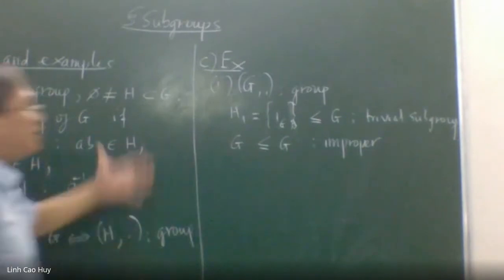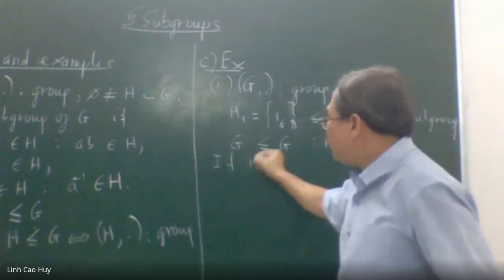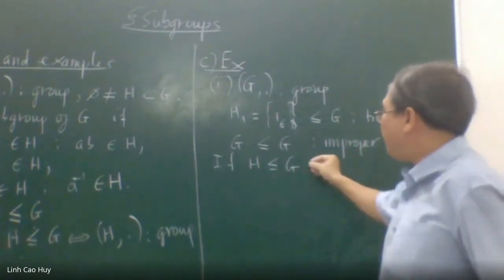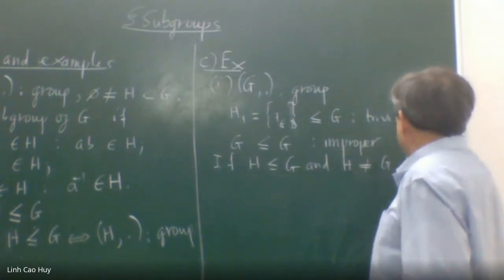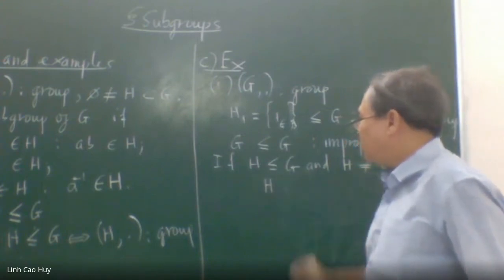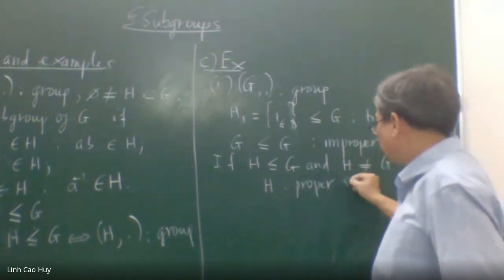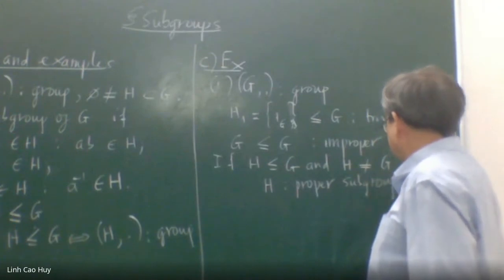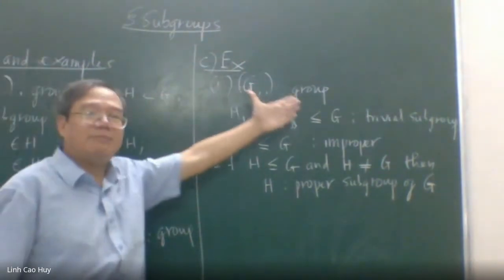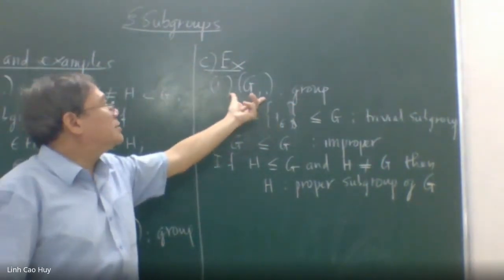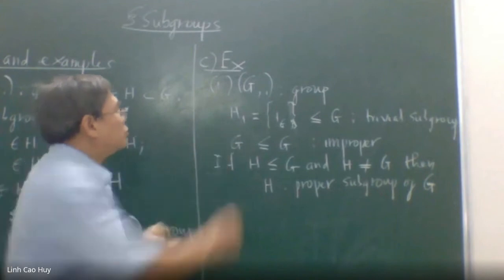And so it leads to another notion. If H is a subgroup of G and H is different from G, then we say H is a proper subgroup of G. The first example: for any group G, we always have two subgroups.